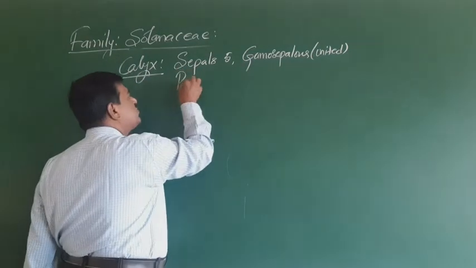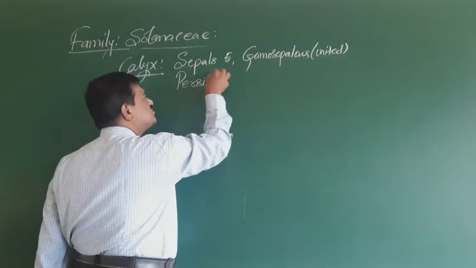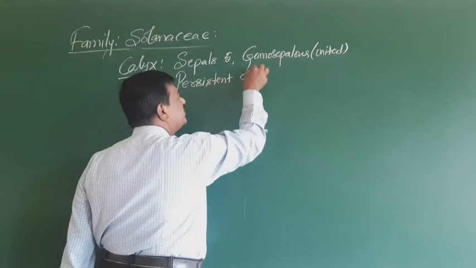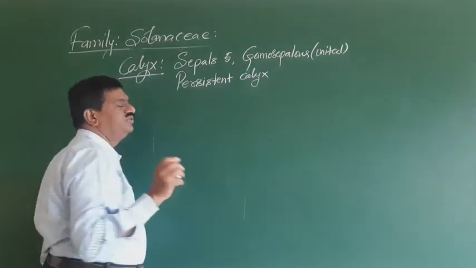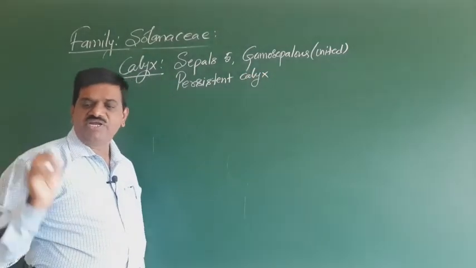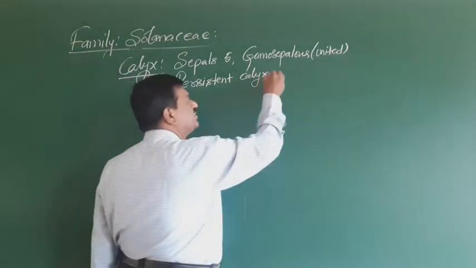And there is a presence of persistent calyx. The calyx is present till the fruit development, hence we use the word persistent calyx.